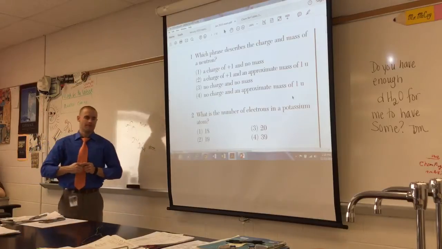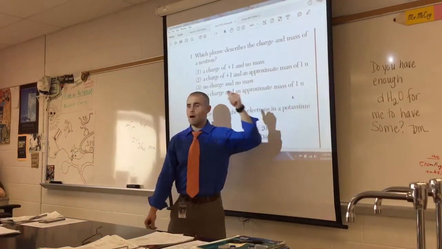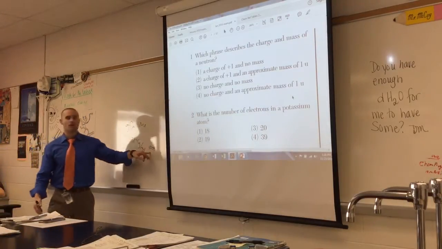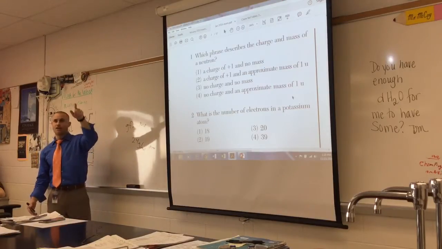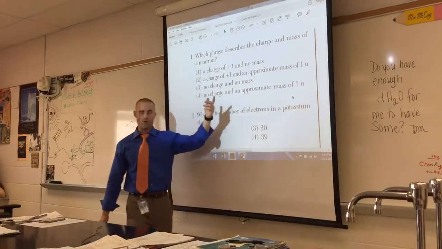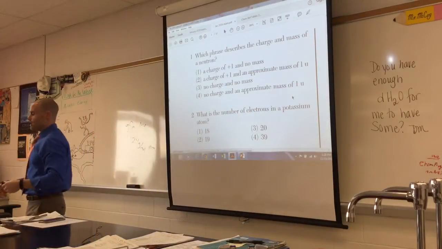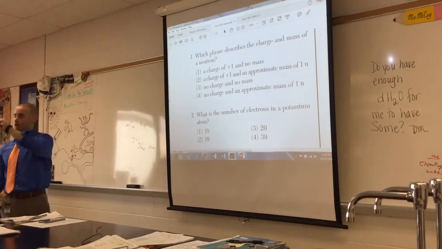It's very specific, but sometimes the U pops up on the test. So I'm going over it right now. AMU is basically the same thing as grams per mole. It's the unit on the mass. So the mass on table O, the unit could be AMU or just U. I hate how Regis does it. It's confusing. So basically, you don't really need to know what that U means. You just need to know it has a mass of 1.